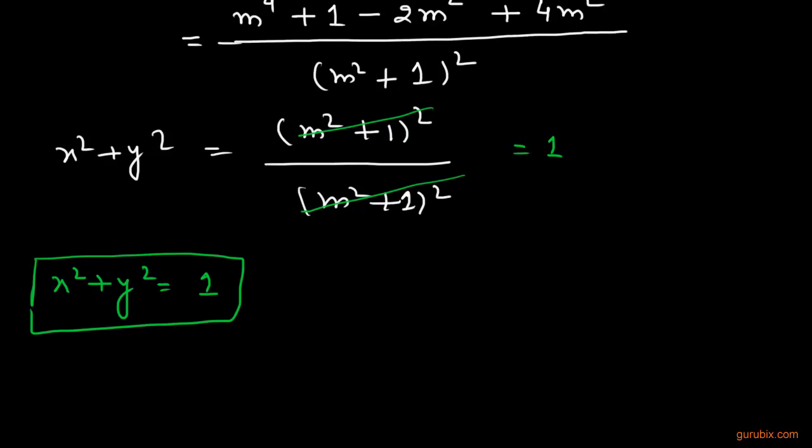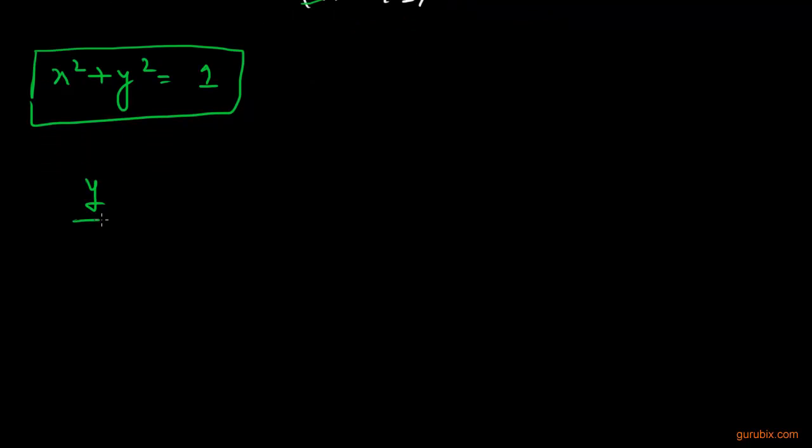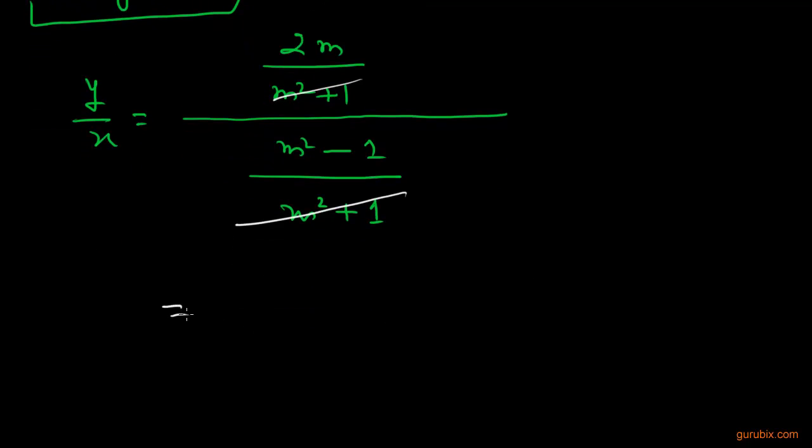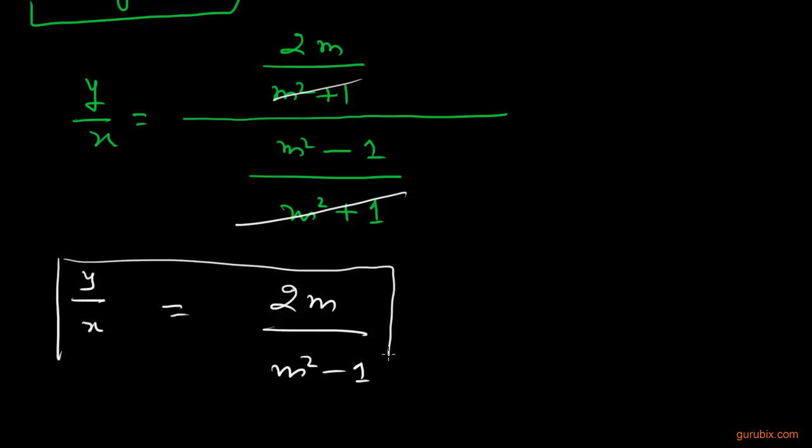Now we have to find the value of y over x, and y is 2m over m square plus 1, and x is m square minus 1 over m square plus 1, and we can cancel out these two terms. Then we have 2m over m square minus 1, and that is what we wanted to prove.